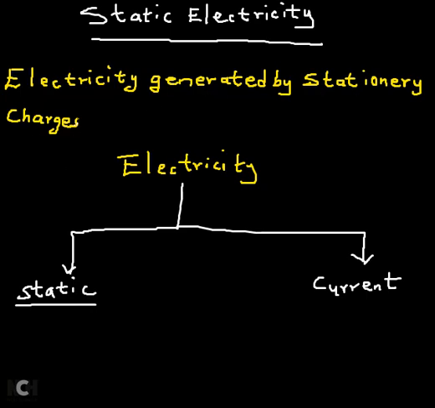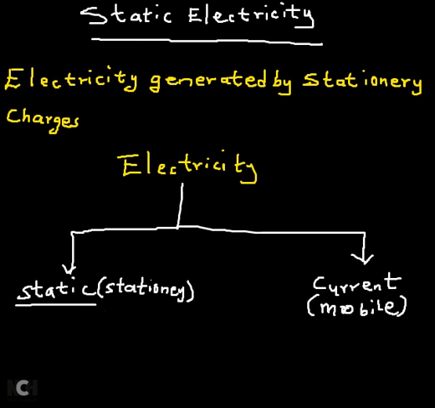The charges in static electricity are stationary, they are not mobile. But in current electricity, we have mobile charges, which are charges that can flow through a conductor.